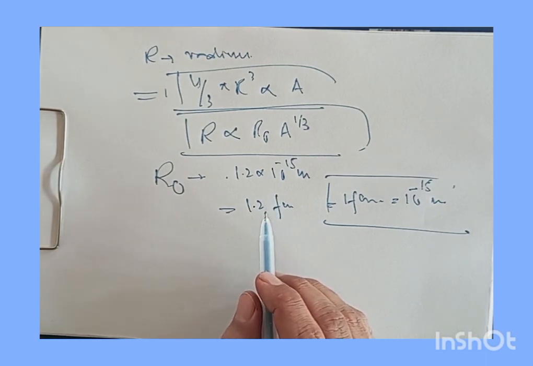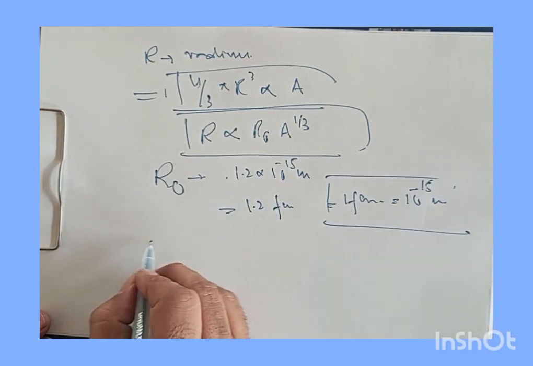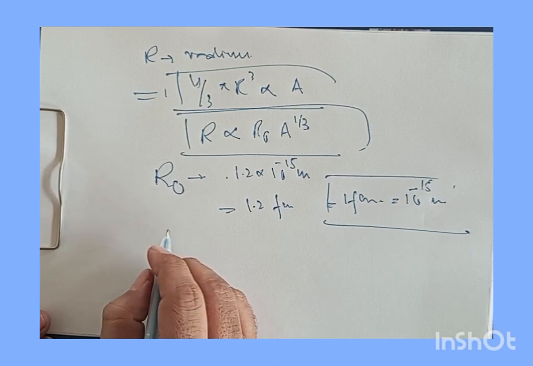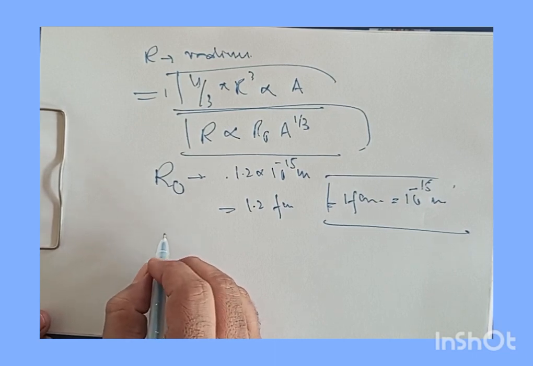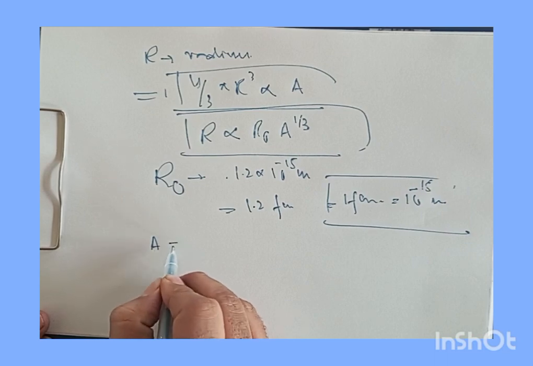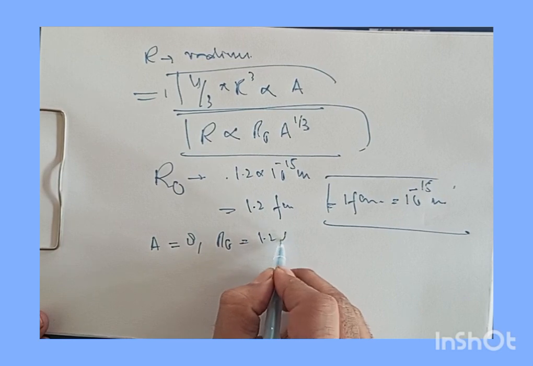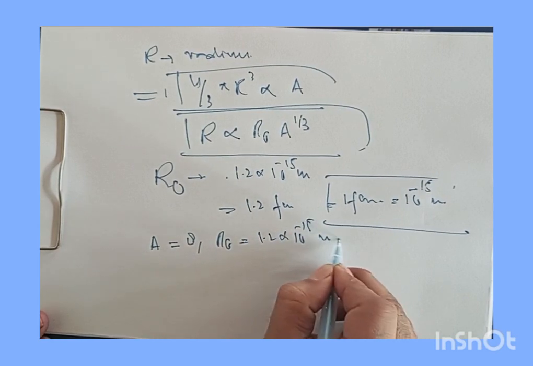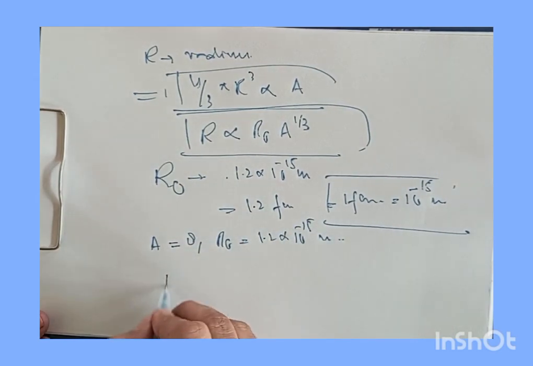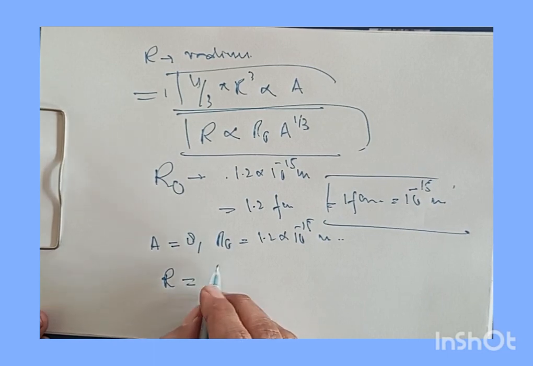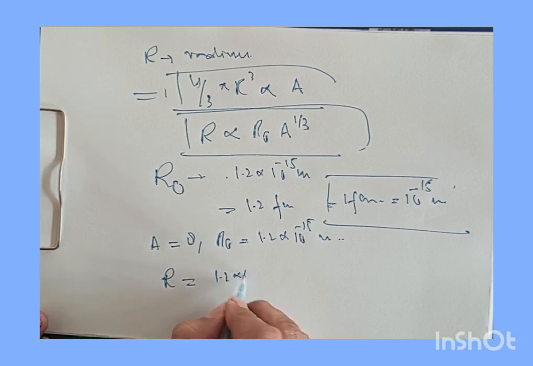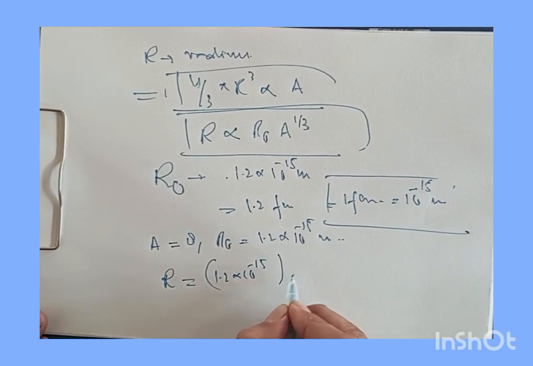If I take a simple example, suppose the mass number for a nucleus is 8, and r naught is 1.2 times 10 to the power of minus 15 meters. Then I can find the approximate radius of this nucleus, which will be 1.2 times 10 to the power of minus 15, and then 8.